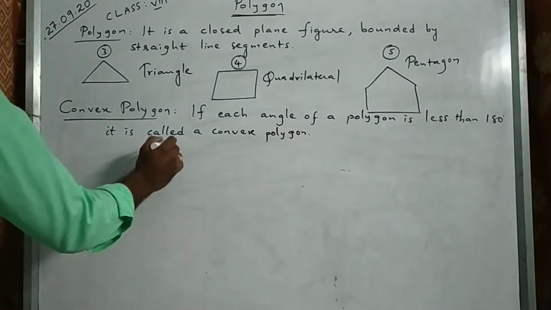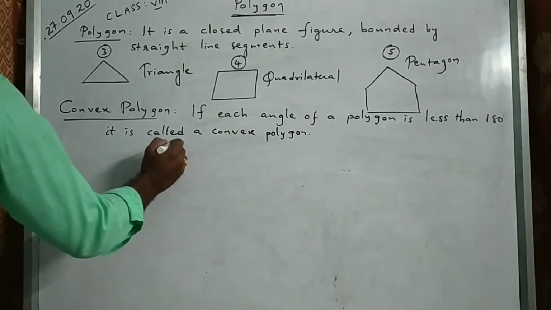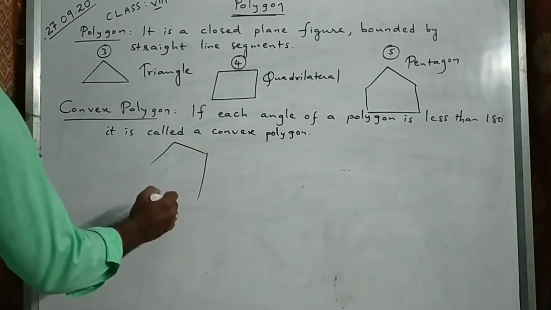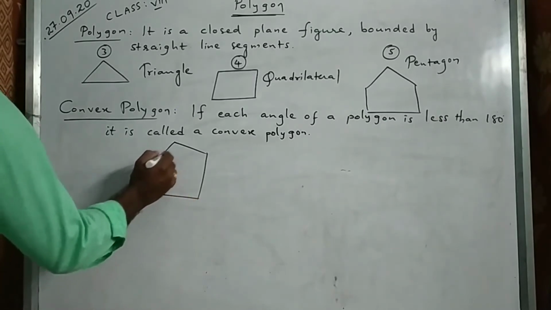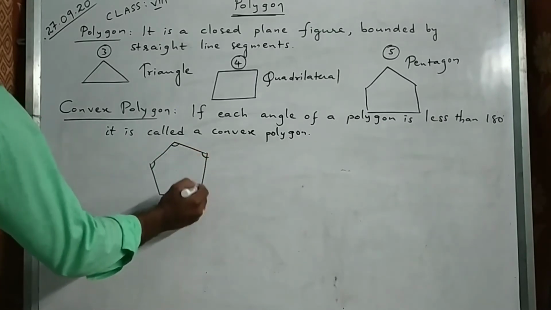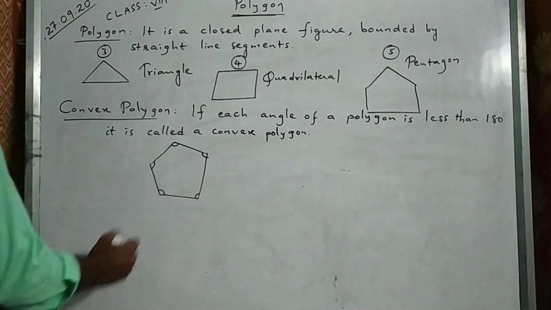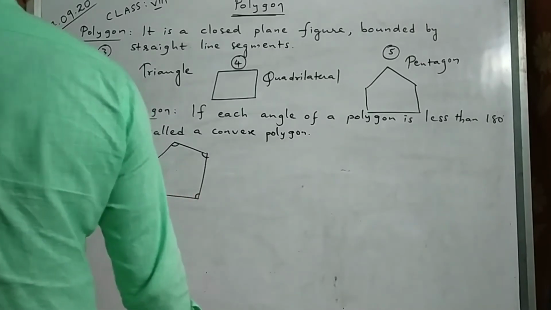Okay, each angle should be less than 180, like this. So each angle should be less than 180. Then we say that it is convex polygon.